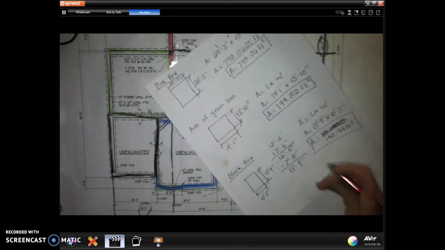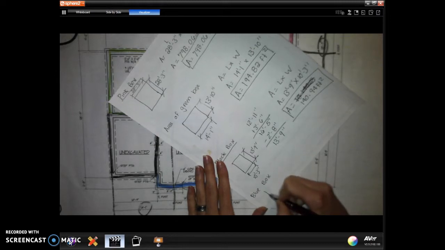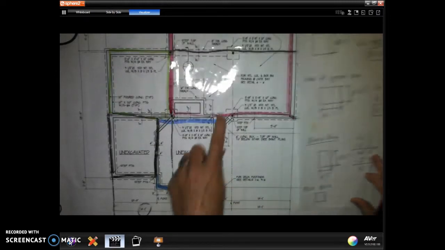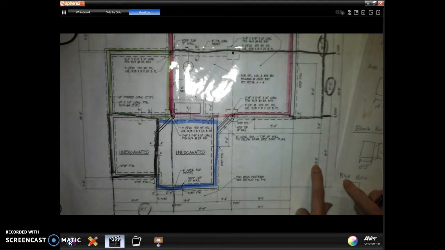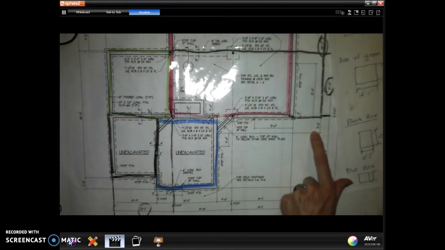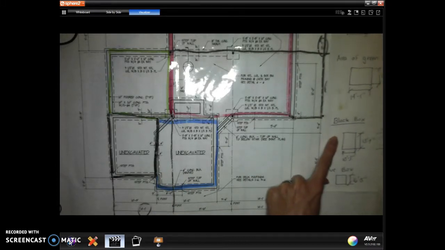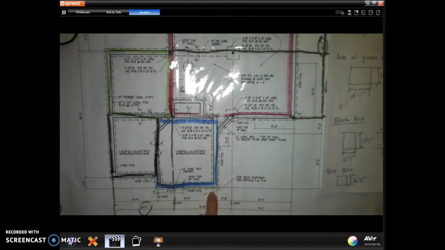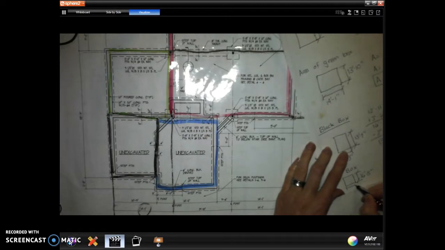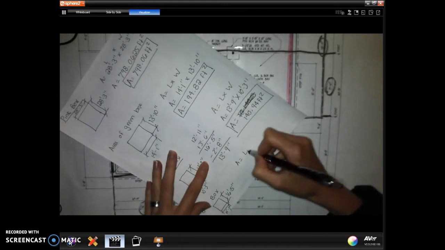Now we have to do the blue box. On our blue box, we actually determined the length before. It was the 12 foot 11 plus the 3 foot 6. So that is going to be 16 feet 5 inches. And then we need this dimension down here, which is 14 feet 2 inches from the drawings. Okay, so area is going to be equal to length times width.